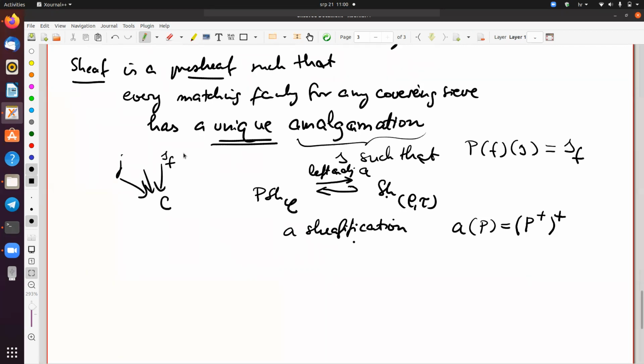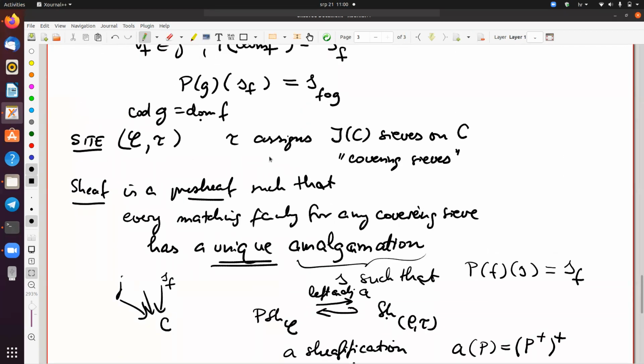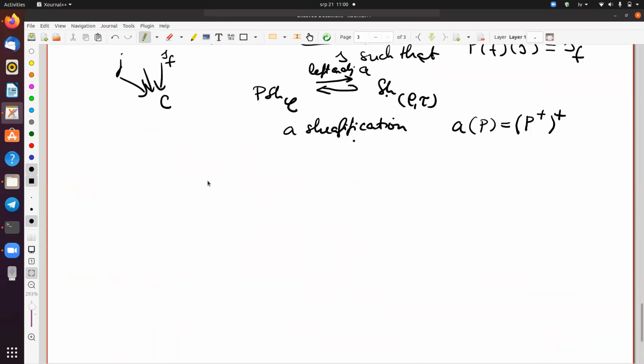Okay, so let's write down the sheaf condition as an equalizer sequence. So for every J, a covering sieve, we had the following. We have P of domain of F, where the matching family lives.